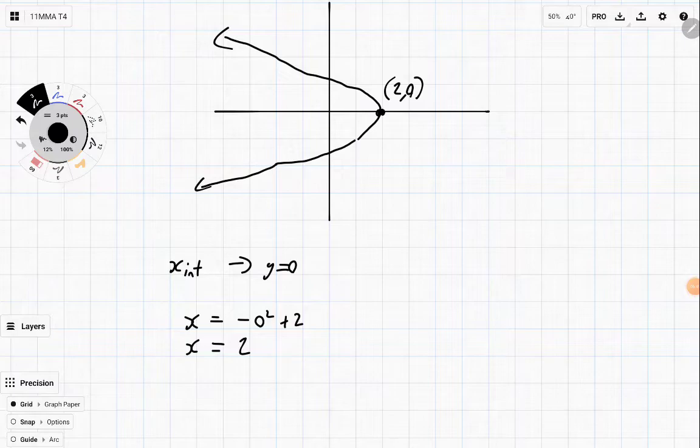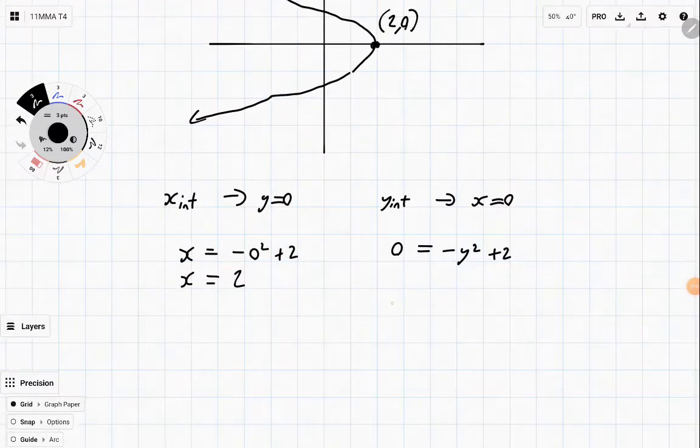Alrighty, so let's do the y-intercepts. Well, the y-intercept is when x equals 0. And so in this case, we get 0 is equal to minus y squared plus 2. Take 2 from both sides. Divide both sides by negative 1. Take the square root. Square root means plus or minus.